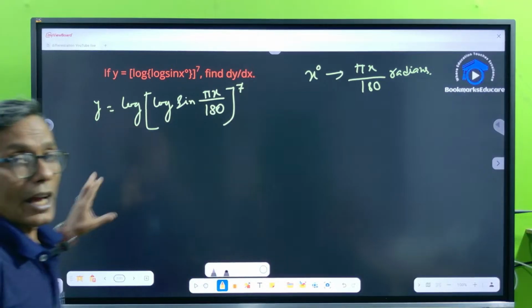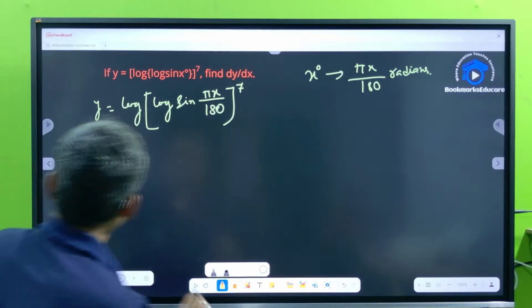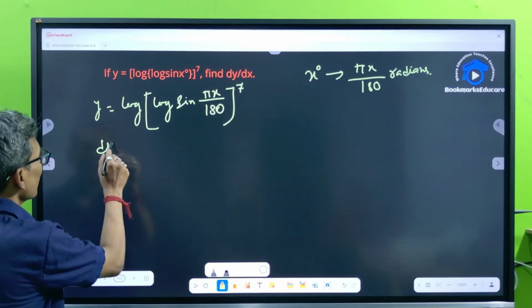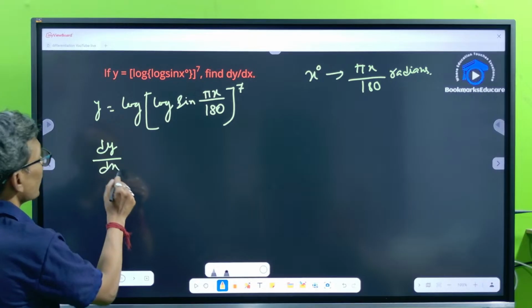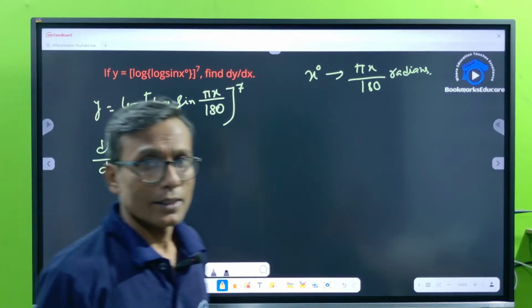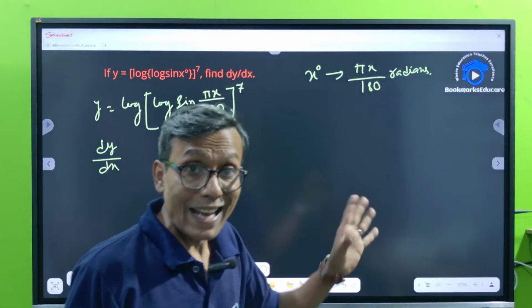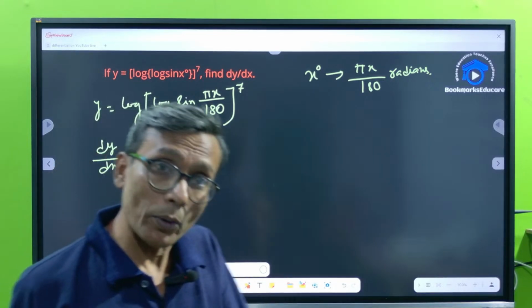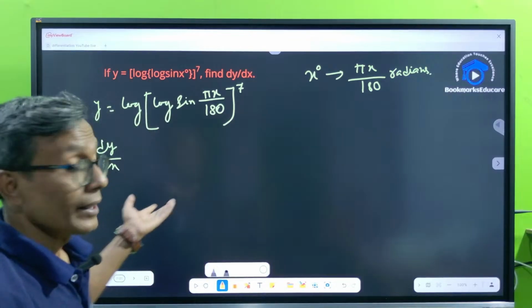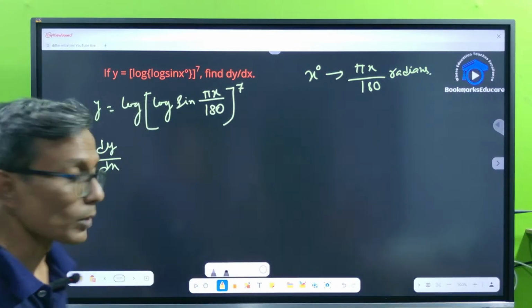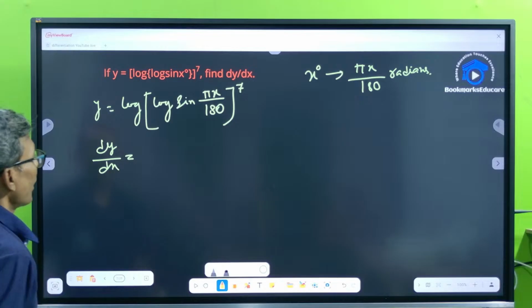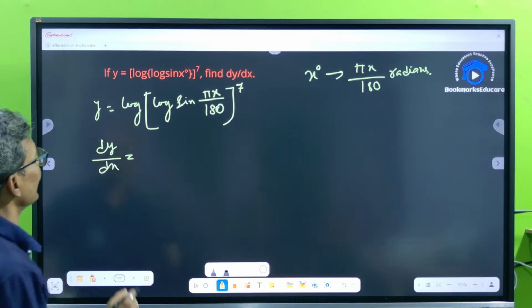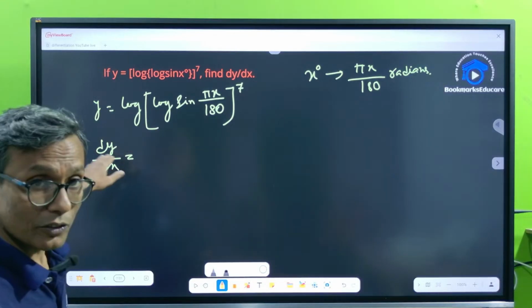So now applying chain rule, what we will get: differentiating on both sides with respect to x, because in the right hand side the variable is x, so we have to differentiate on both sides with respect to x, because over here x is the independent variable. d/dx of y means dy by dx, so you have to write it over here.